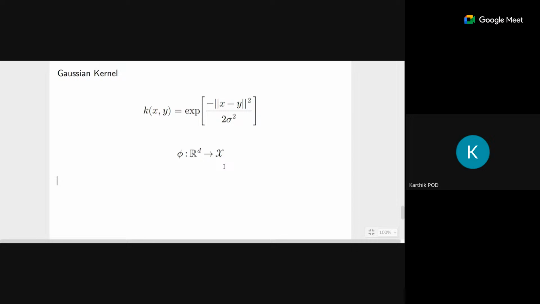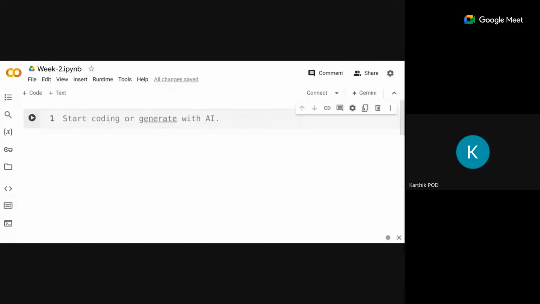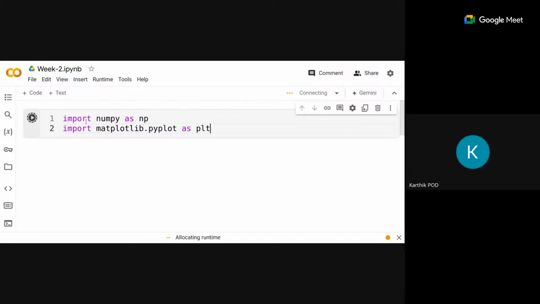Okay, so enough of kernels, I believe. Now let's look at some demo. I'll walk you through some code that will perhaps give you some intuition as to what is happening in kernel PCA. Once in a while I'll also explain what happens in each line of code.